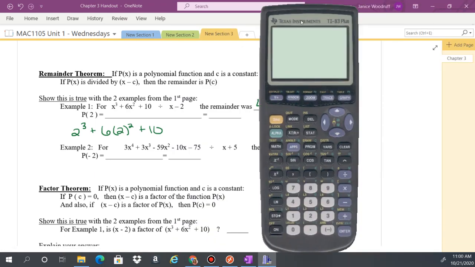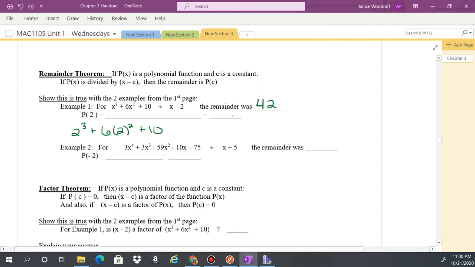So 2 cubed would give me 8 plus 6 times 4 would give me 24 plus 10, 42. So when I plug p of 2 in, I'm actually going to get 42. So that's your remainder theorem. Your remainder will be what you get when you plug the function in.